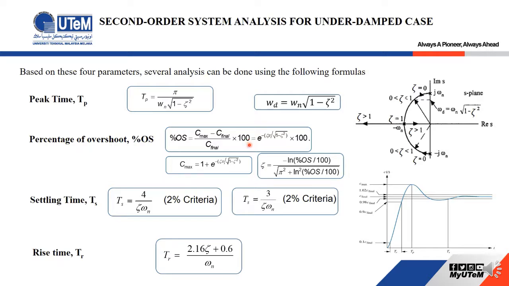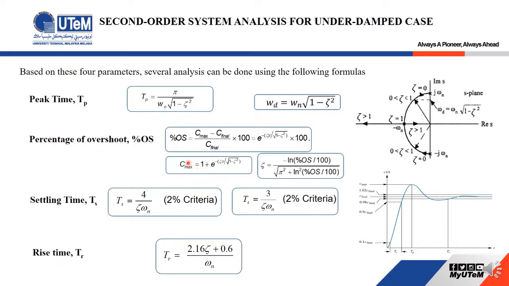Also the same, we can use this formula: exponential power of negative zeta pi divided by square root of 1 minus zeta squared, all times 100%.